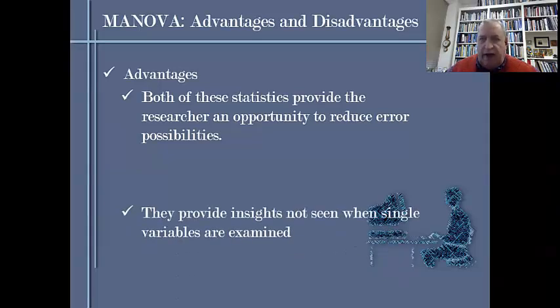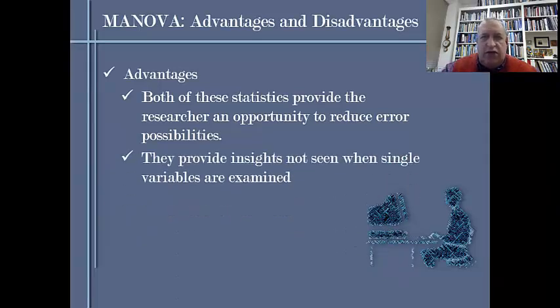They also provide insights not seen when just a single variable or single variables are examined. When you bring them all together, there's a way of mathematically looking at how they interplay with one another, so you get a better picture of what might be going on, so your insights are better than if you just did a single test. Some of the disadvantages: they're difficult to compute.